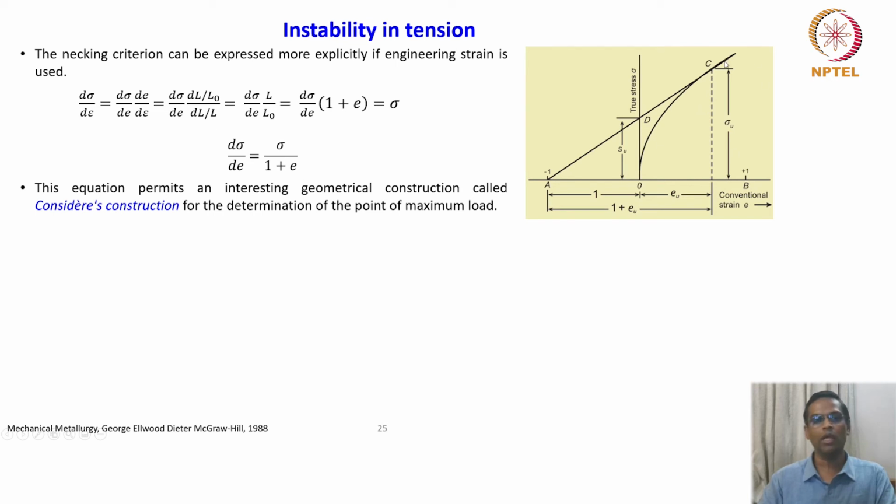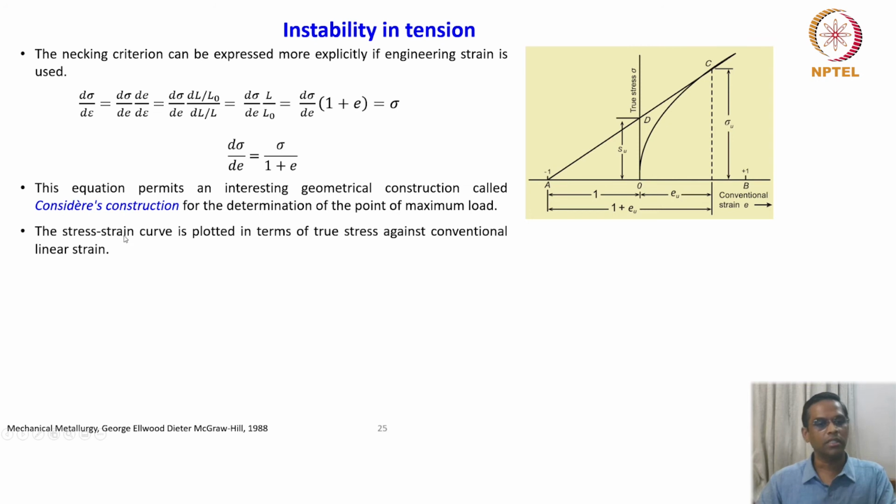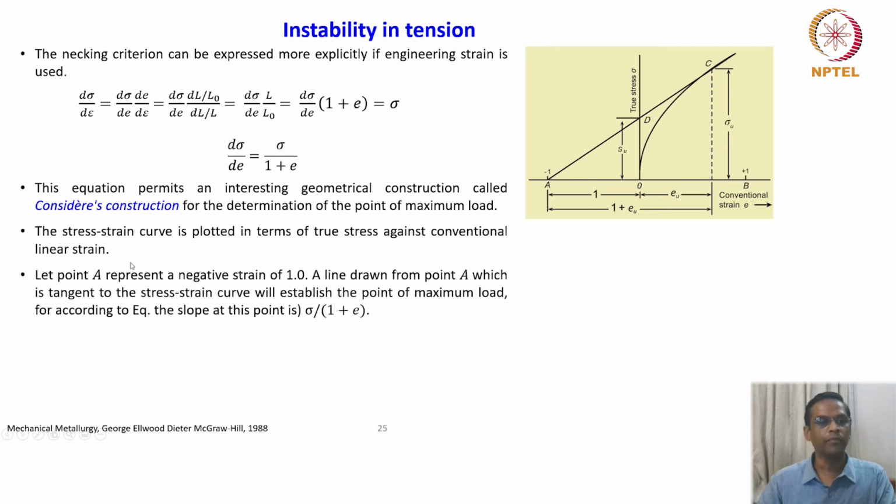So if you simply look at this slope, that is dσ/dE, which is nothing but sigma divided by 1 plus E. That's what's shown here. So this stress strain curve is plotted in terms of the true stress against conventional linear strain.